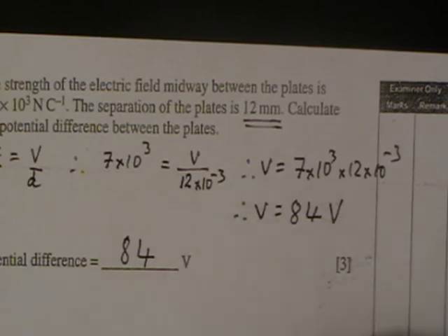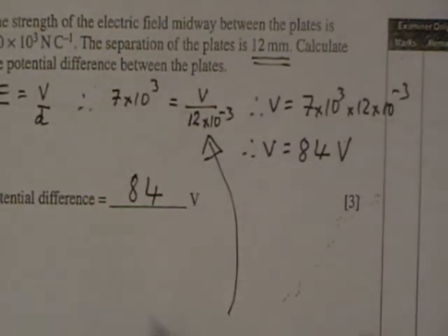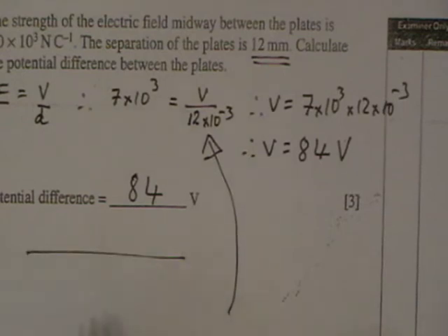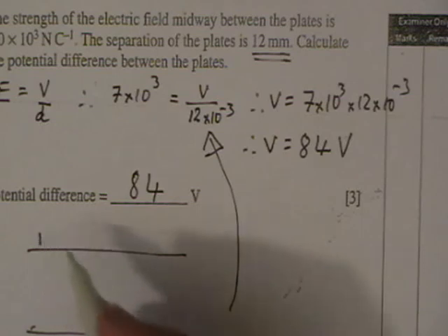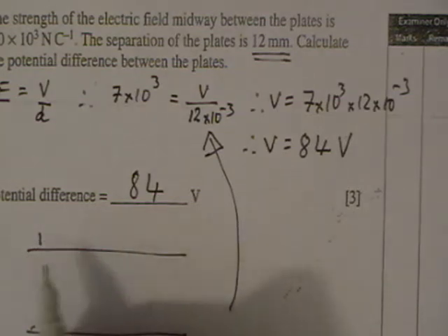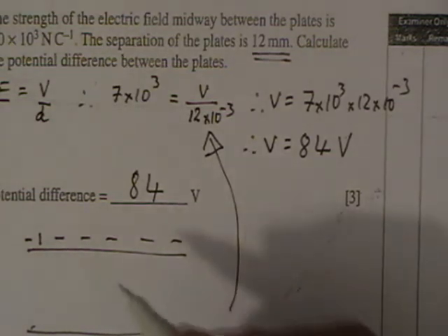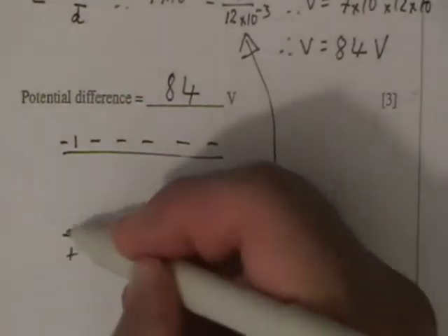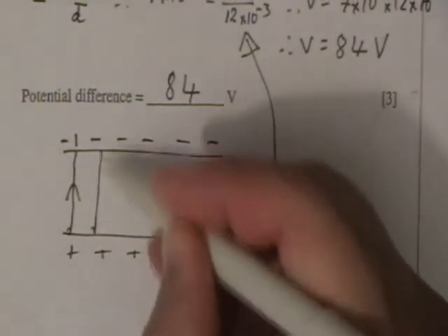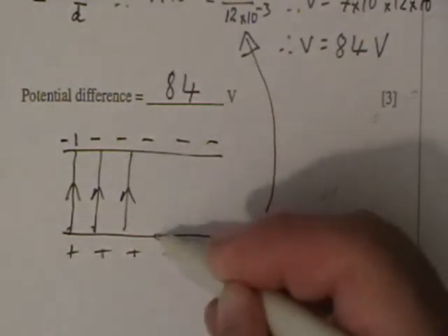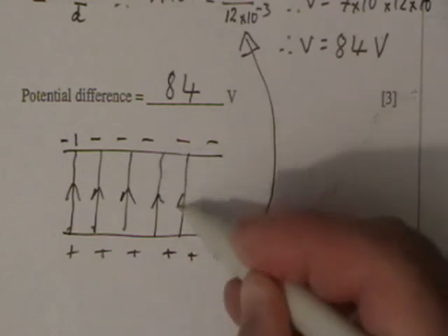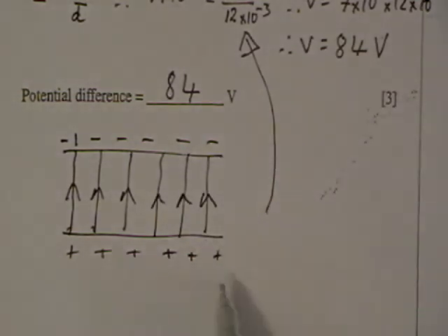Now, just be careful here. Why are we using 12? Well, that's because between parallel plates, with minus up at the top and plus down here, we get a uniform field, so the field strength E is constant, equally spaced parallel lines.